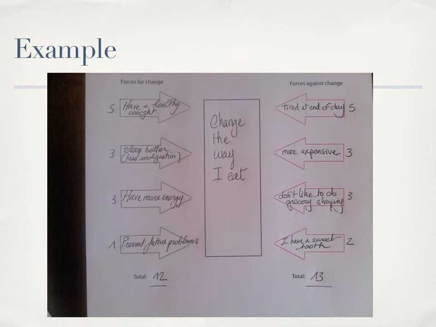She wants to have a healthier weight, to be able to sleep better because she was feeling digestive problems because of unhealthy eating in the evening, to have more energy, and to prevent future problems. She also graded every point. When she summed up both sides, we have 12 for forces for change and 13 for forces against change.